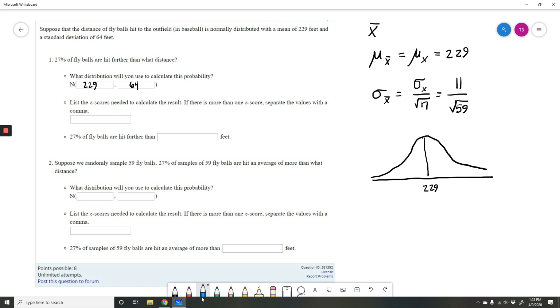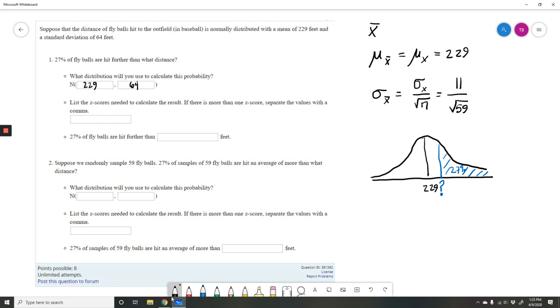And we want the top 27% of them. Okay, we want to know what is this value so that only 27% of the averages of the samples are bigger. Okay, only 27% of sample averages are bigger.